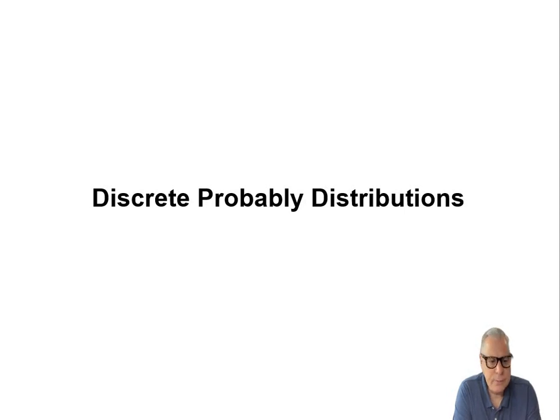All right, welcome to the series of lecture videos on discrete probability distributions. A discrete probability distribution looks at a discrete variable, which is by nature categorical or qualitative, and what we essentially measure are counts.